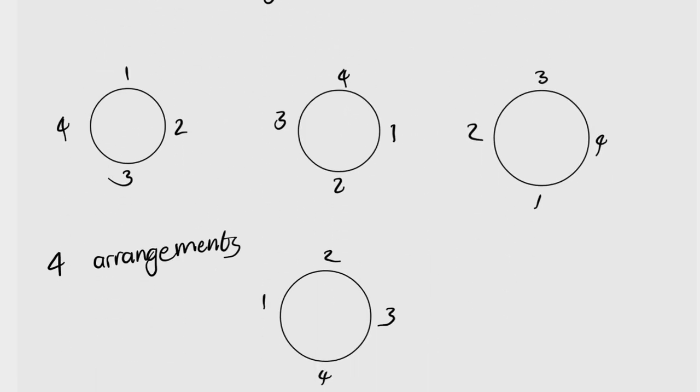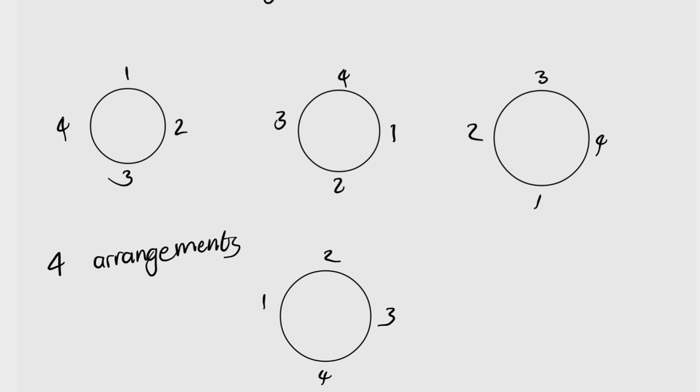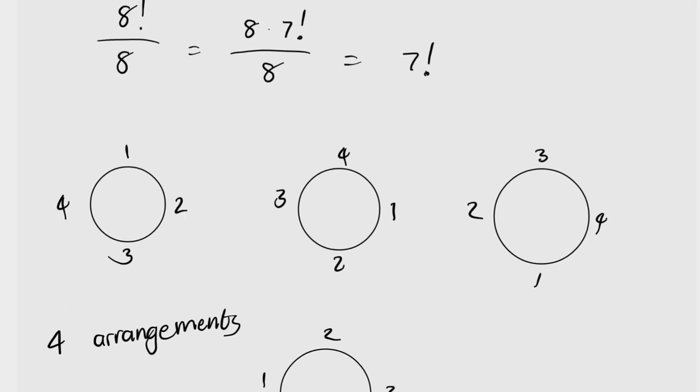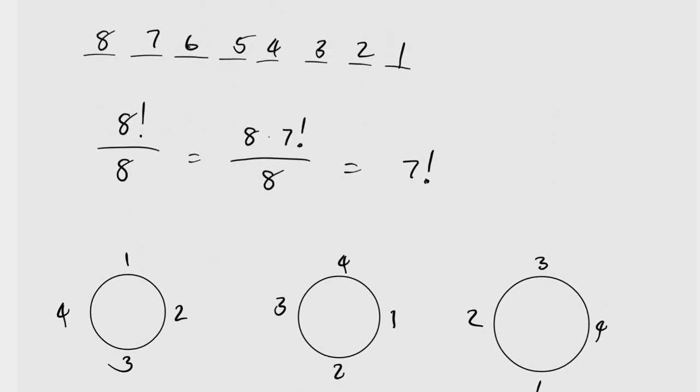If you notice the order being the same, you see how it's just 1, 2, 3, 4, 1, 2, 3, 4, 1, 2, 3, 4, and 1, 2, 3, 4. These arrangements are all considered the same. So in order to get rid of all these arrangements, you're just going to divide by 4, and then that will be the answer.